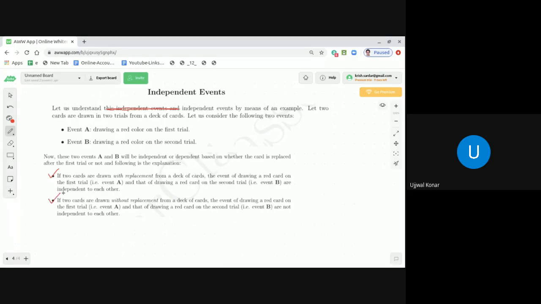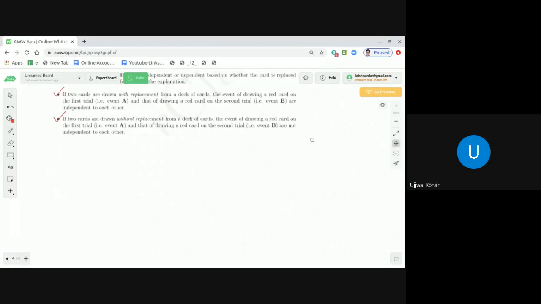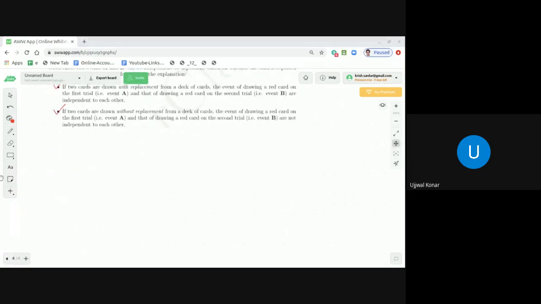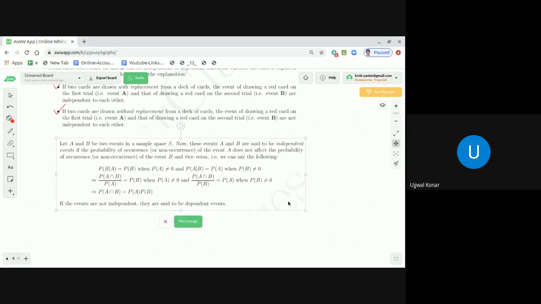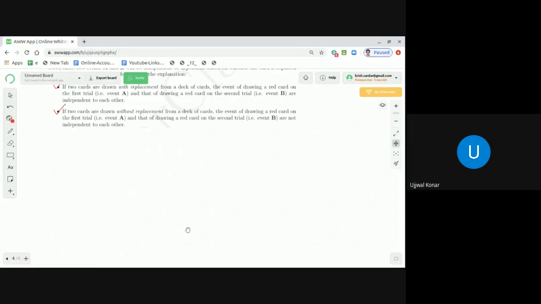So now, dear students, let me come to the definition of independent events, and after that we will proceed further. So what is that? Let A and B be two events in a sample space.